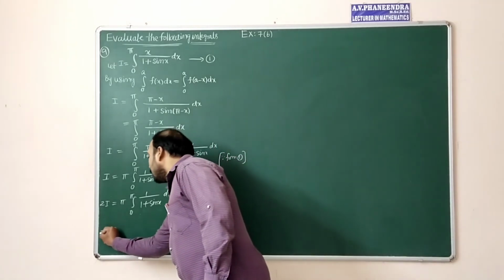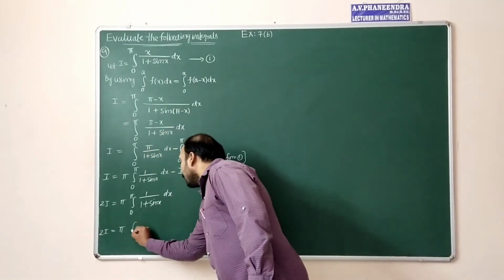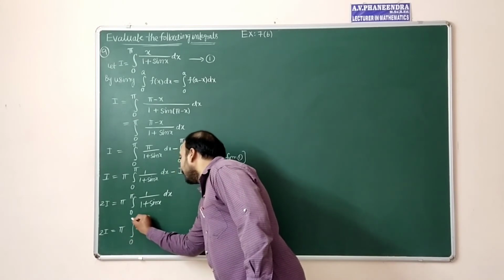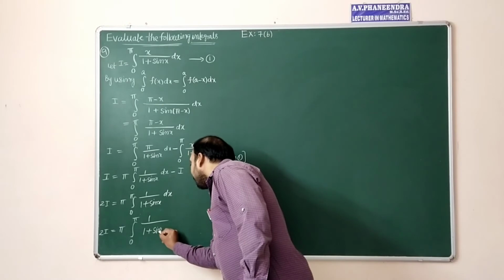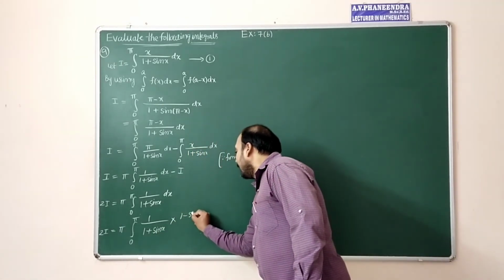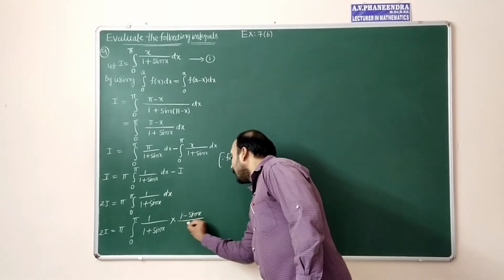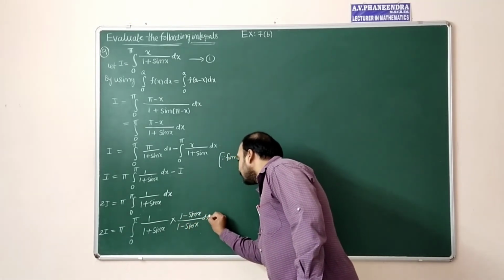So 2I equal to pi into integral 0 to pi 1 by 1 plus sin x into 1 minus sin x divided by 1 minus sin x into dx.